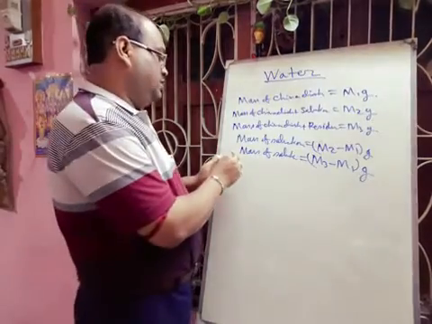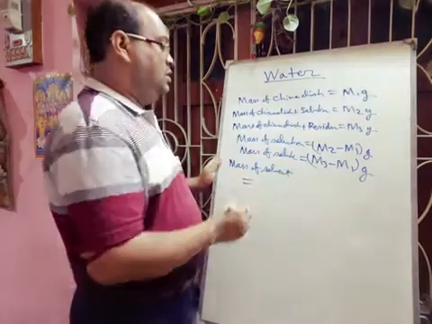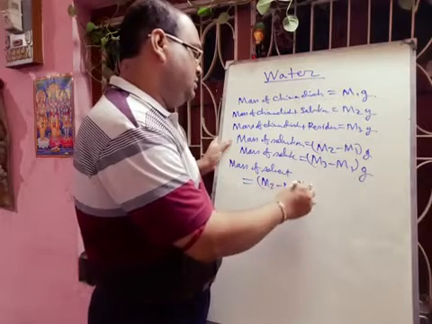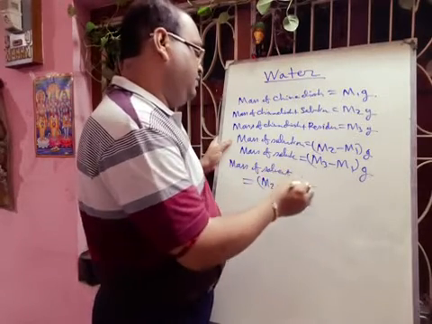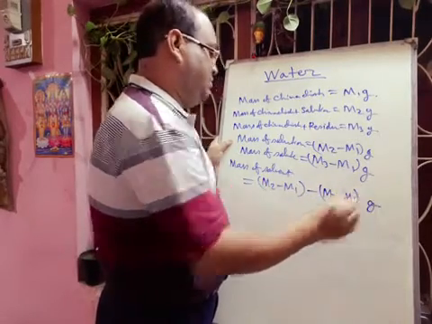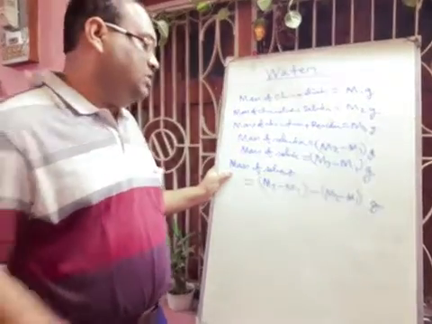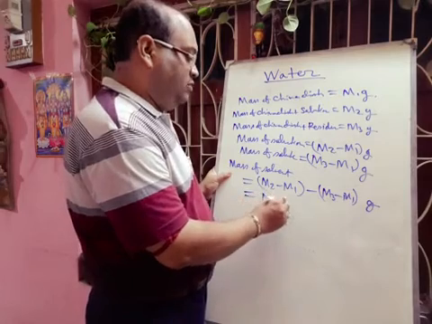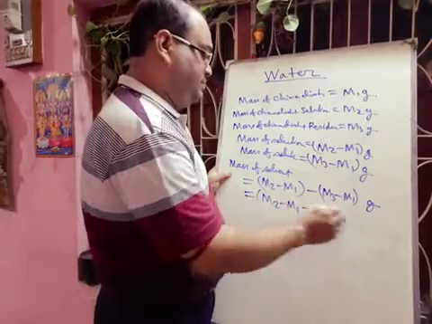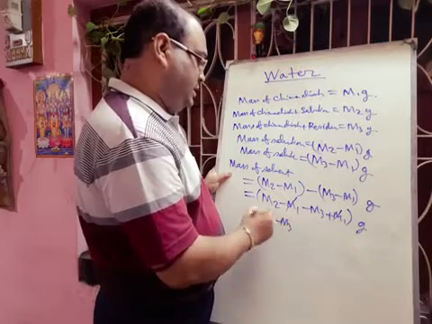The mass of solvent will be the mass of solution, m2 minus m1, minus the mass of solute, that is m3 minus m1, gram. So from here we get m2 minus m1 minus m3 plus m1 gram. This m1 will cancel, and you will get m2 minus m3 gram.